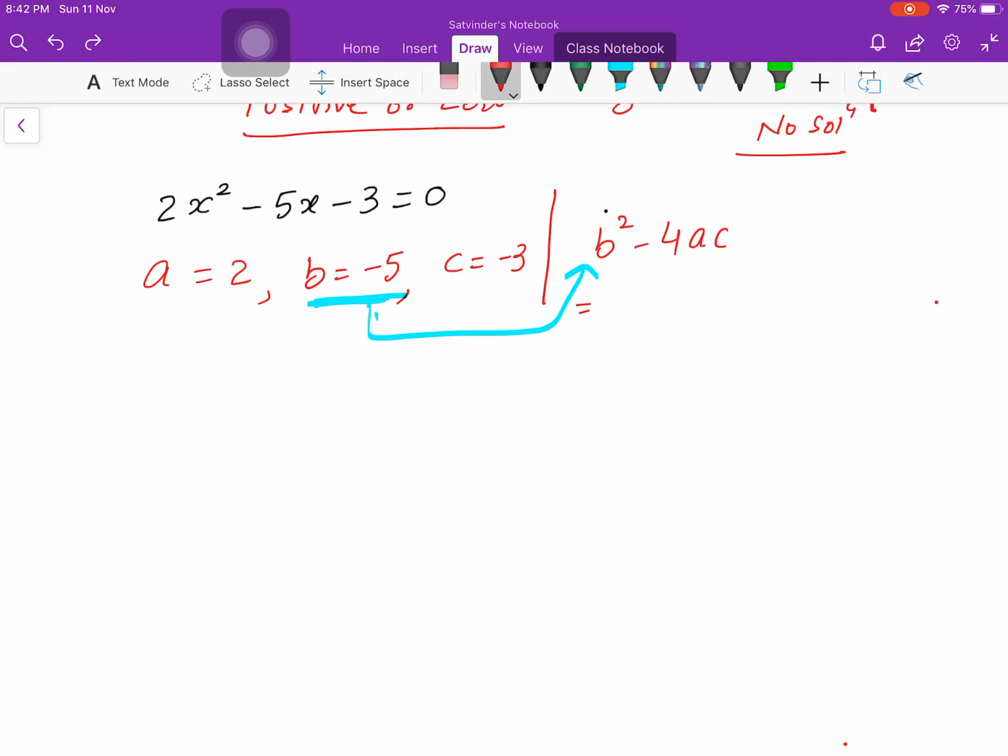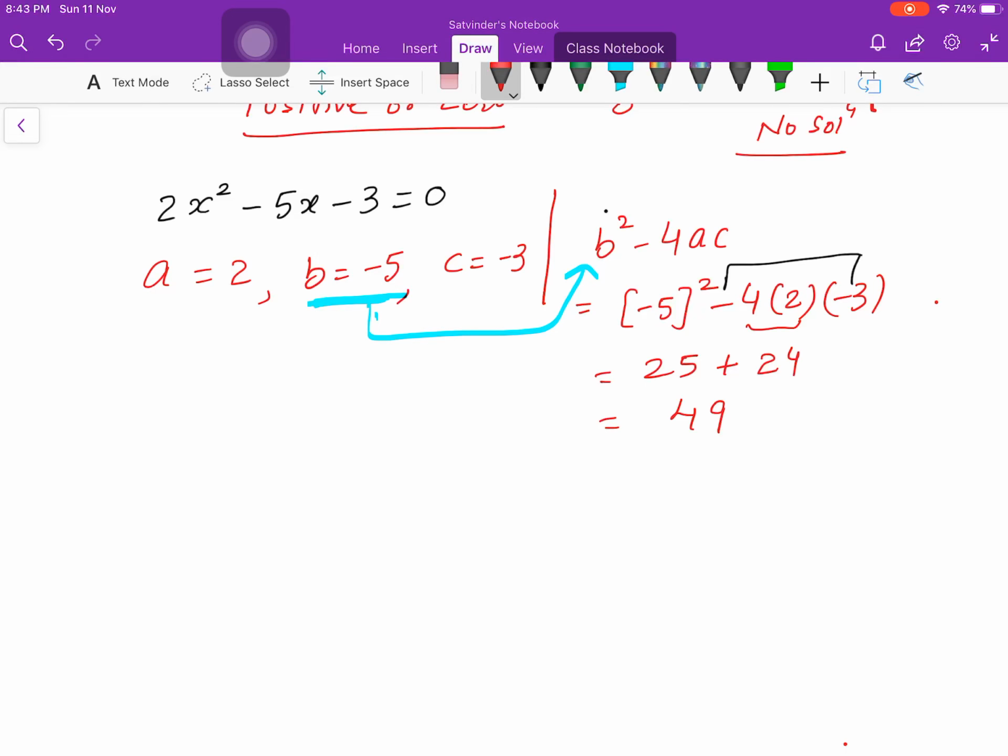It is negative 5 square minus 4 times a times c. Okay, so this is 25, and it is positive because we are multiplying two negative numbers, so we can say plus here. 4 times 2 is 8, 8 times 3 is 24, and the sum is 49.